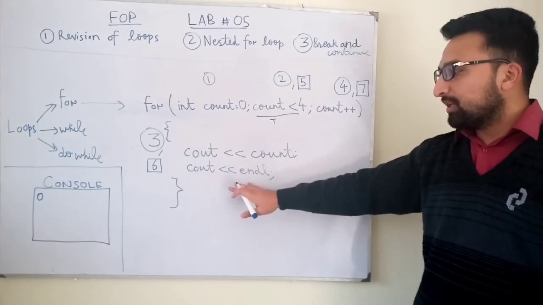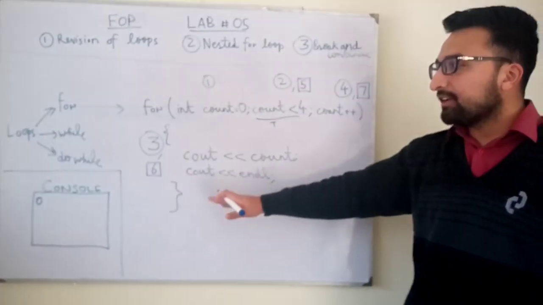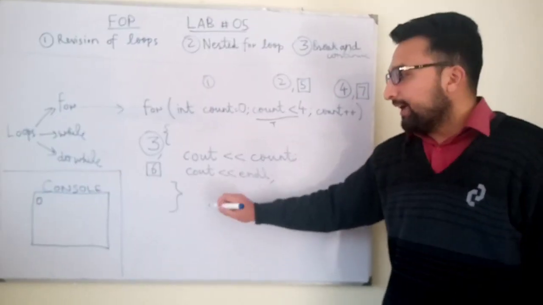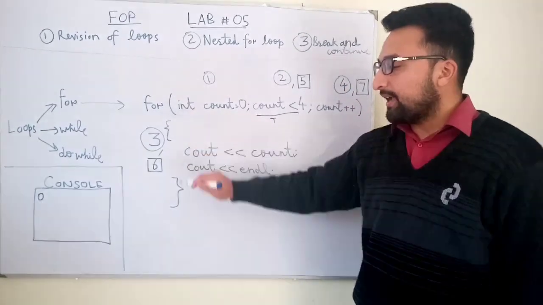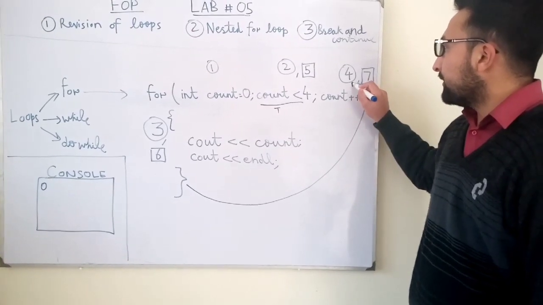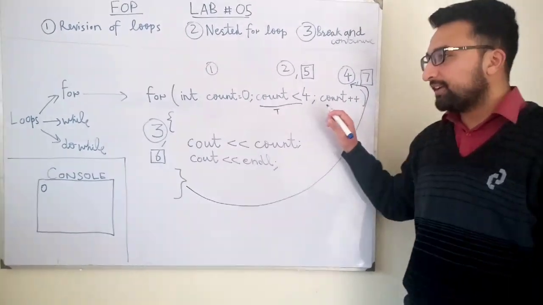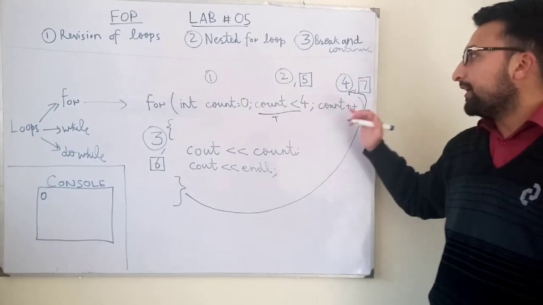Then we are jumping to the next line, and then we encounter the closing bracket of for loop. As soon as the closing bracket is encountered, as it is a loop, it goes back to the increment condition, or whatever is written here. It may be increment, it can be decrement.